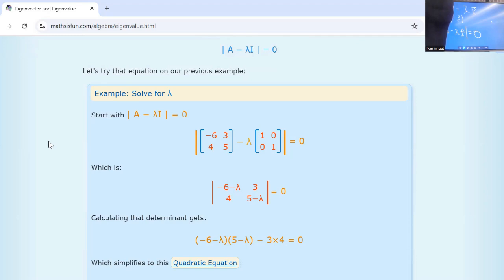Then I do this operation: this matrix minus lambda times the identity. This is the sum of matrices. So you will obtain -6 plus lambda, 3, 4, 5 minus lambda.